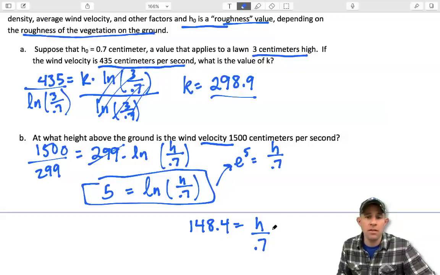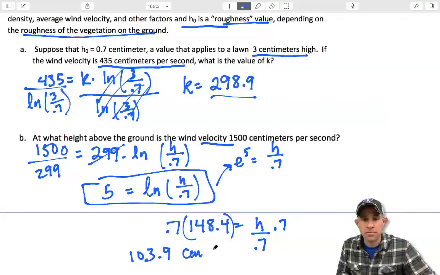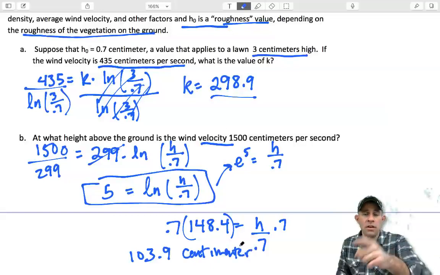Now to find the height of this grass, we need to multiply both of these sides by 0.7. And when we do so, we're going to get 103.9 centimeters. And that is a formula you will never need to know in life.